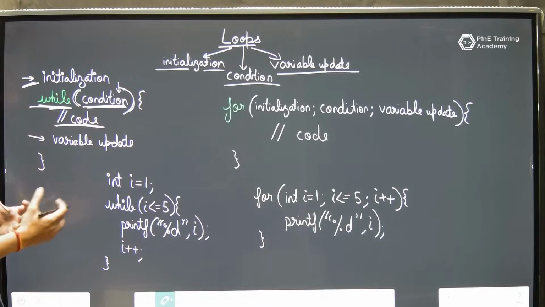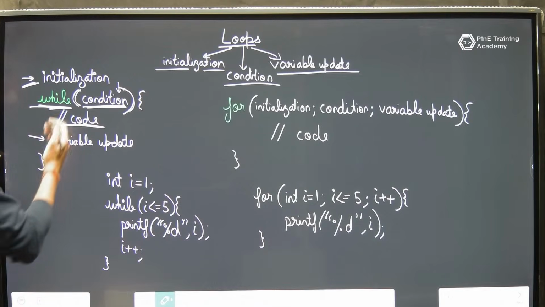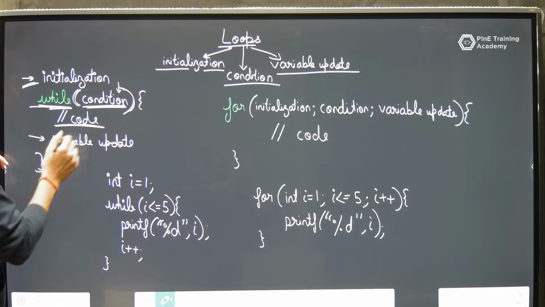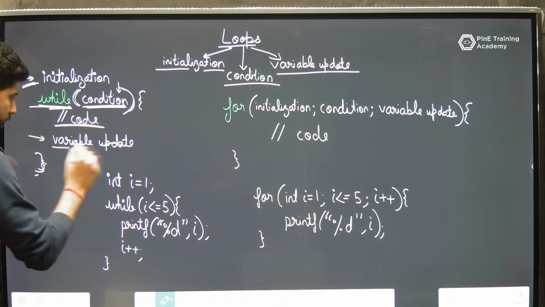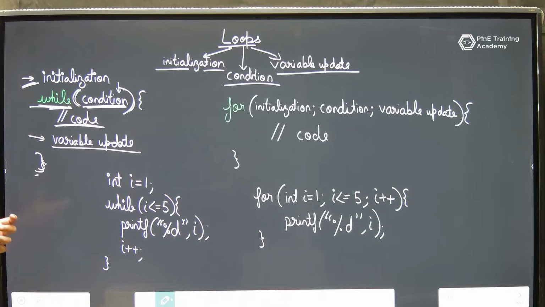Then we write some code which we want to run again and again, and before ending the while loop, we do the variable update. So initialization before the while loop, condition in the parenthesis, and before ending the loop we do variable update.